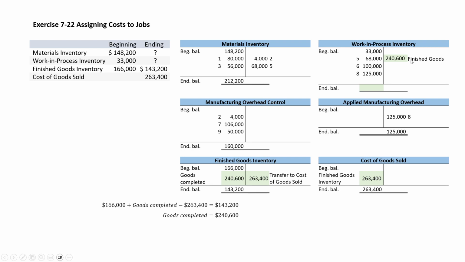Now that I have the credit to work in process of 240,600, I can take my given beginning balance of 33,000, the amount I added in, 68,000 for direct materials, 100,000 for direct labor, and the overhead applied, 125,000, and I can finally get my last answer. The ending balance for work in process must have been 85,400, and I'm finally complete.